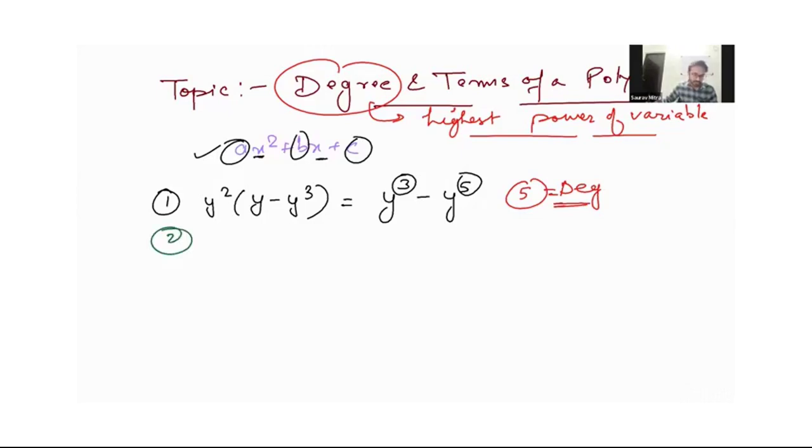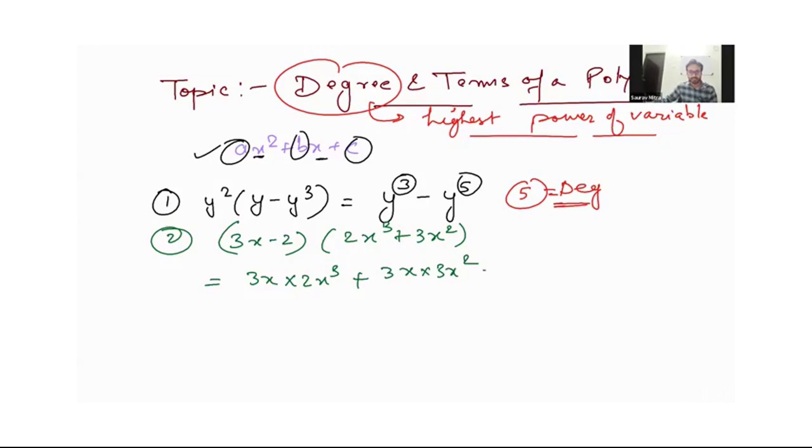So let us take another example. 3x minus 2 into 2x cube plus 3x square. So this will be considered as 3x into 2x cube plus 3x into 3x square minus 2 into 2x cube minus 2 into 3x square. So this will be 6x to the power 4 plus 9x to the power 3 minus 4x cube minus 6x square.